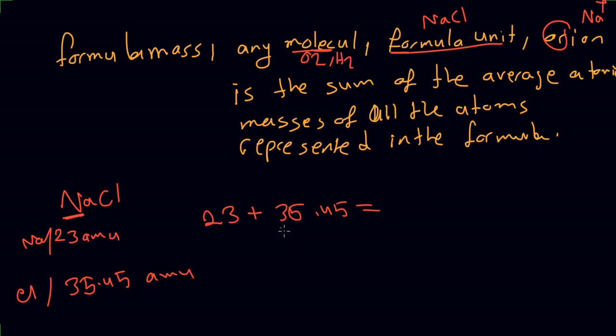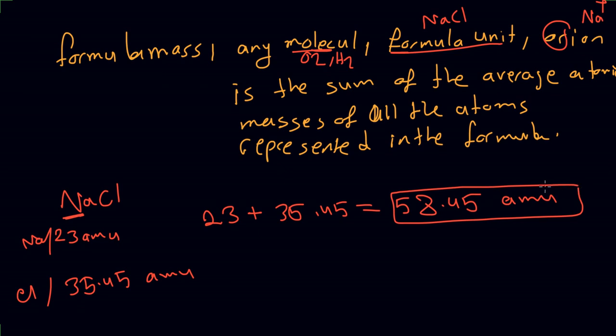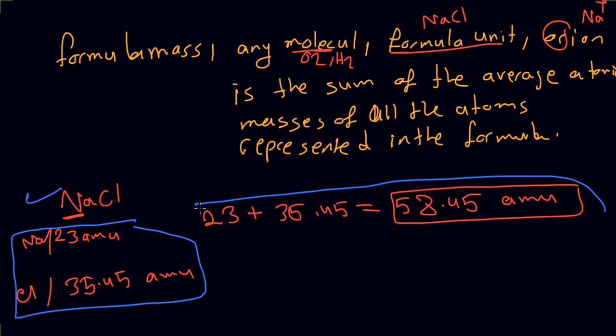So the result is equal to 58.45 AMU. The result must be written with AMU. That's important. This is the formula mass. The formula and these values are given, and you just do this calculation with AMU.